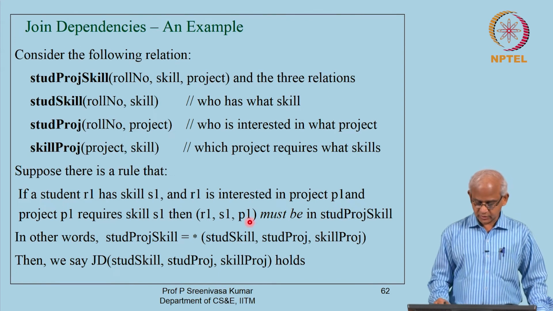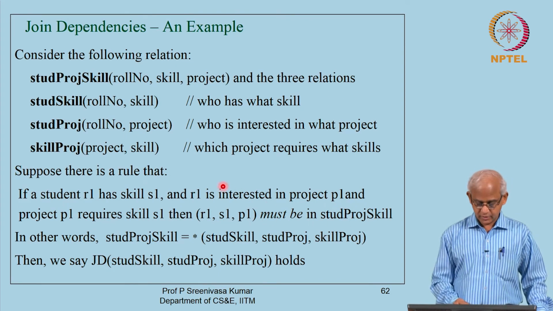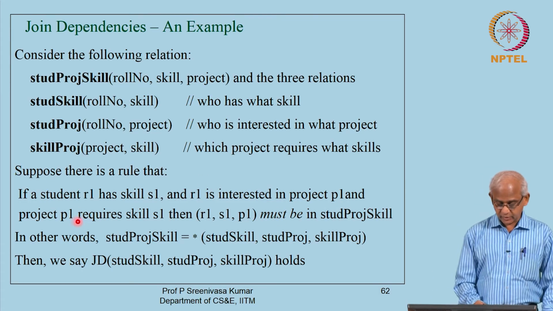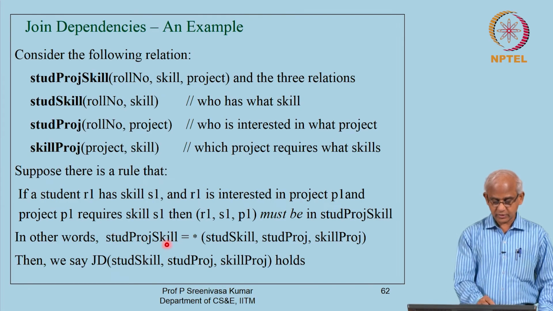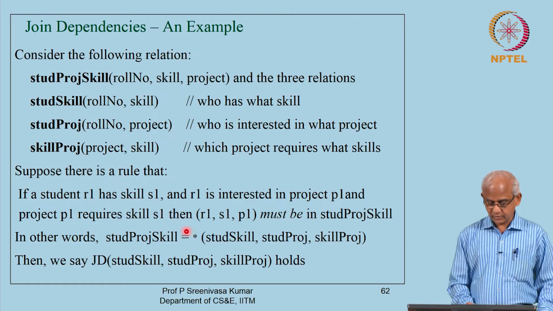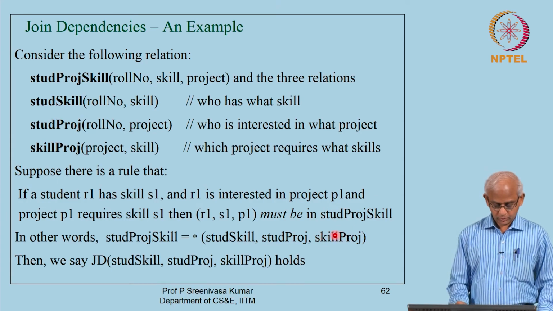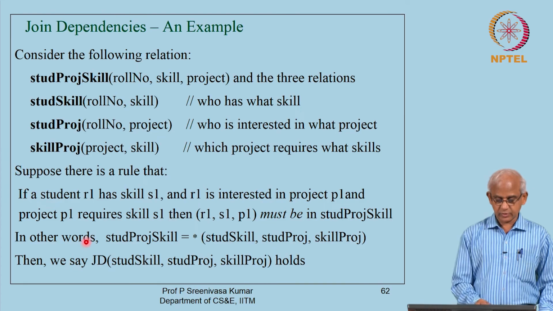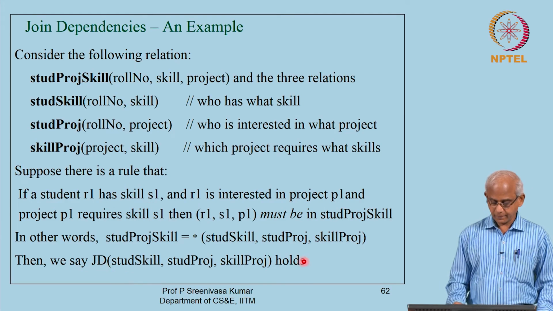Okay. So, this is the prevailing condition there. In such a situation you can actually see that the student project skill relation is the multi-way natural join of these projections called student skill, student project and skill project. Okay. So, in such situations we say that this joint dependency holds.